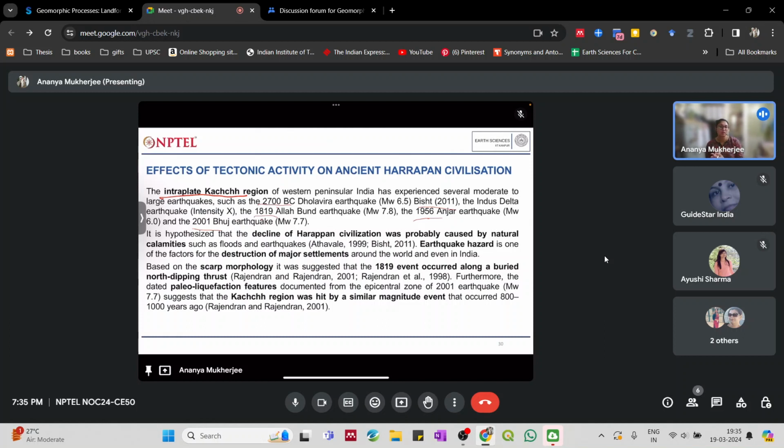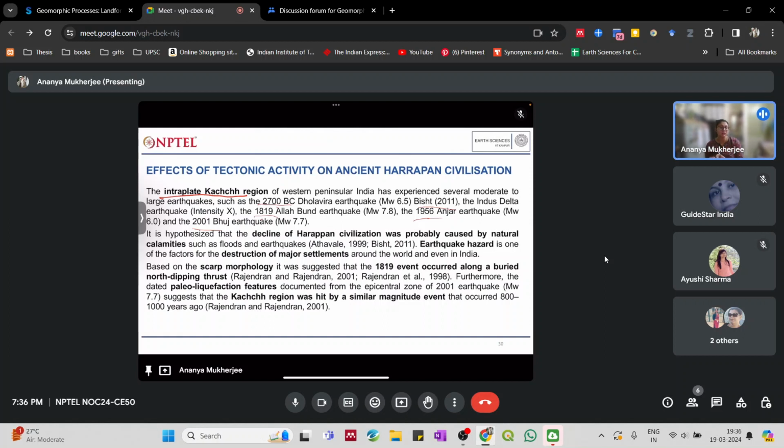When people started to study the settlements, and the orientation and geometry of the major settlements in the world, that's where the correlation was established, and earthquake hazard seemed to be one of the reasons why destruction of such settlements had happened.